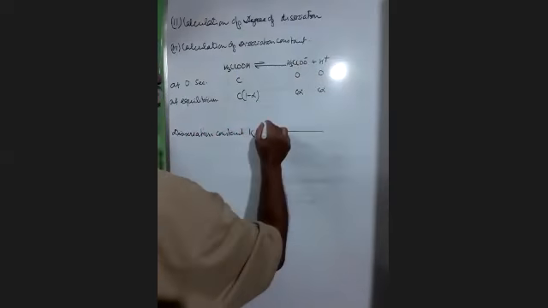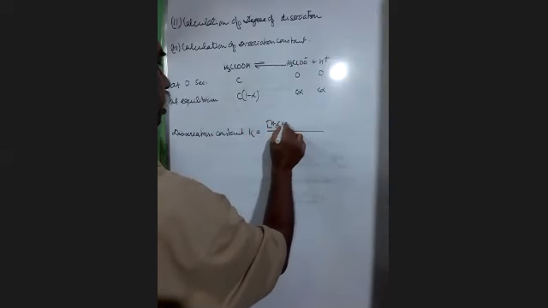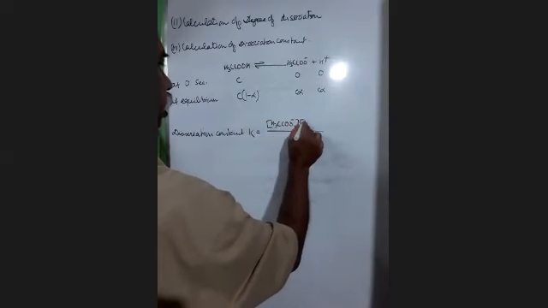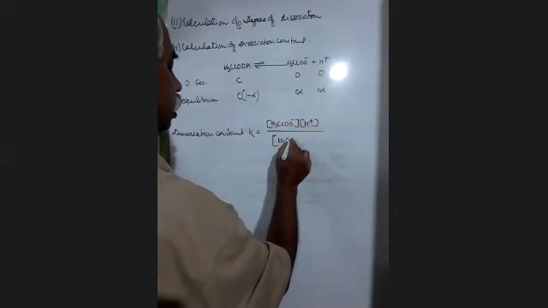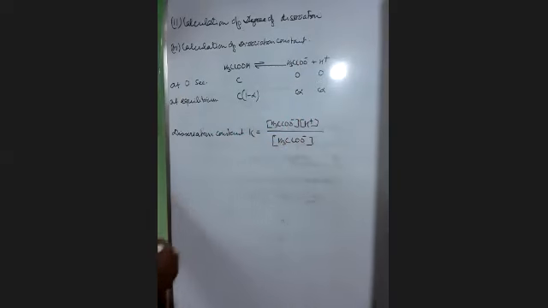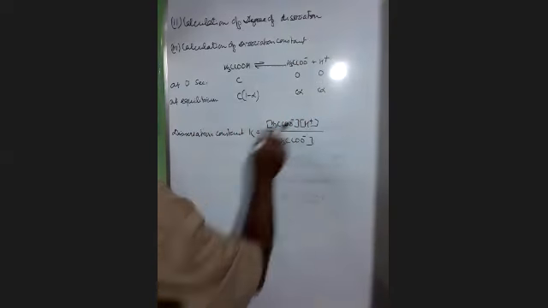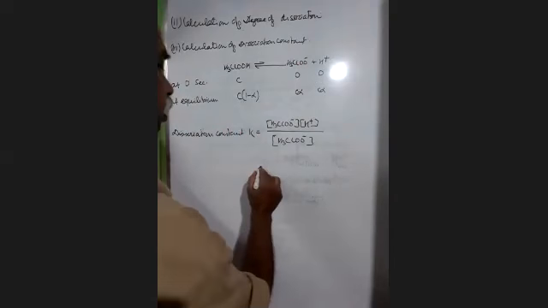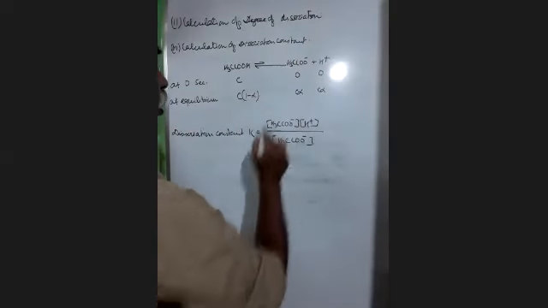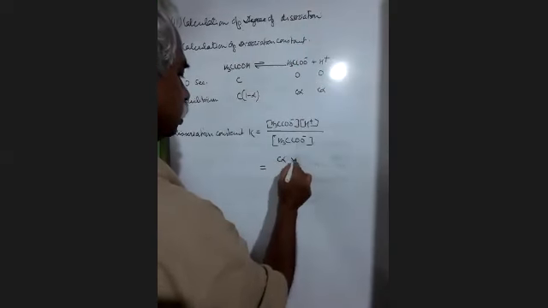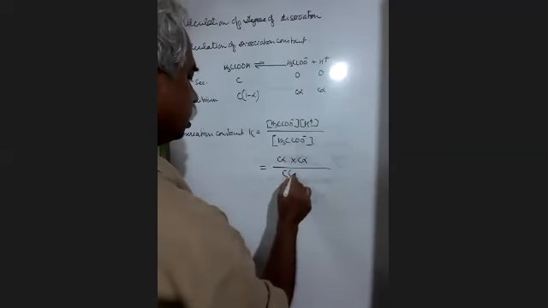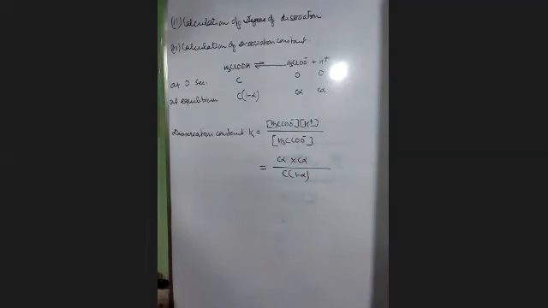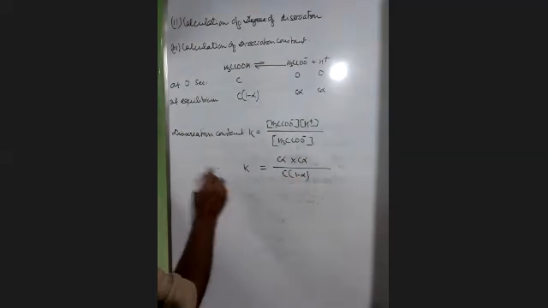It is the product of this and this. The moment you put it in a square bracket, it means concentration, and concentration is already mentioned. This is C alpha, this is C alpha, divided by C 1 minus alpha. So this is K.